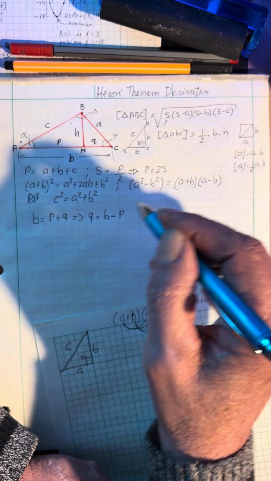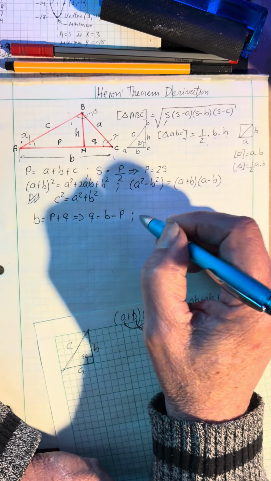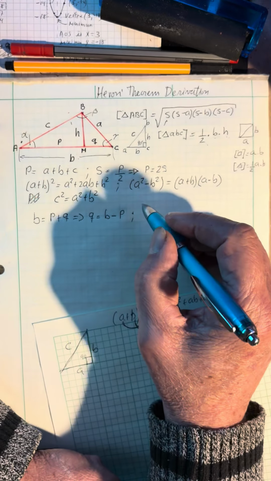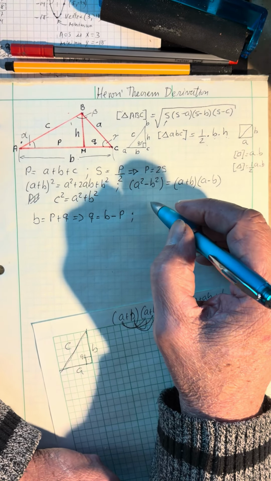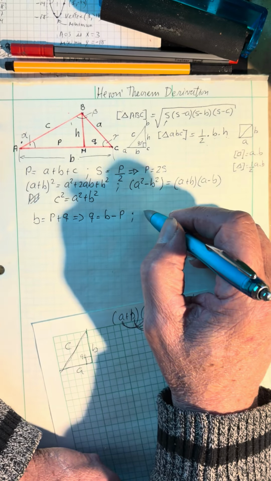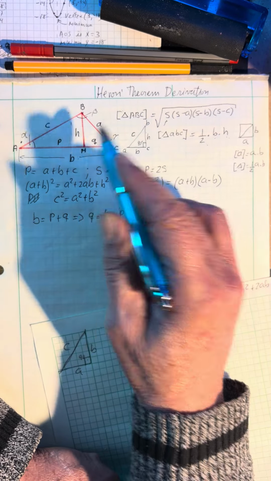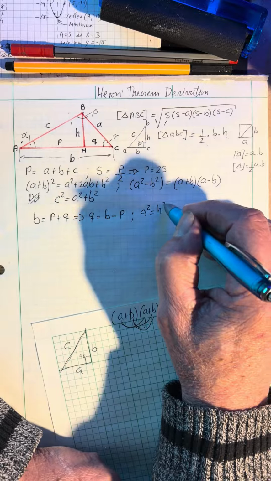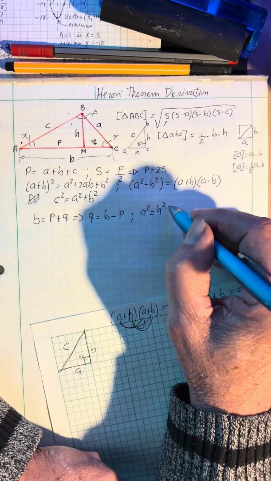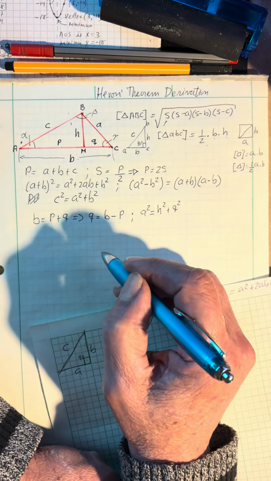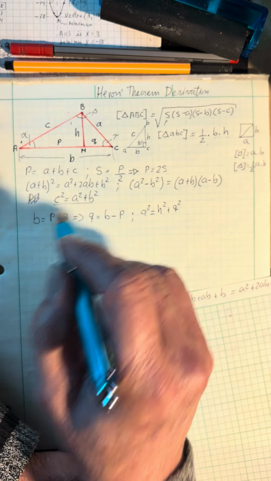In this triangle here, we can say that A squared is equal to H squared plus Q squared. Pythagorean theorem, yeah, from here.